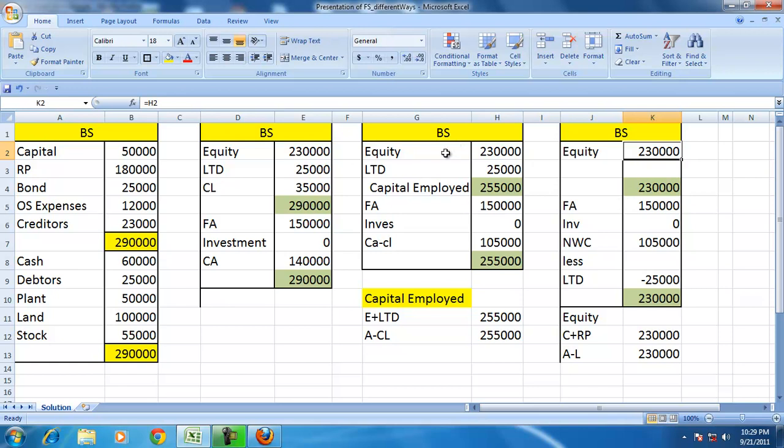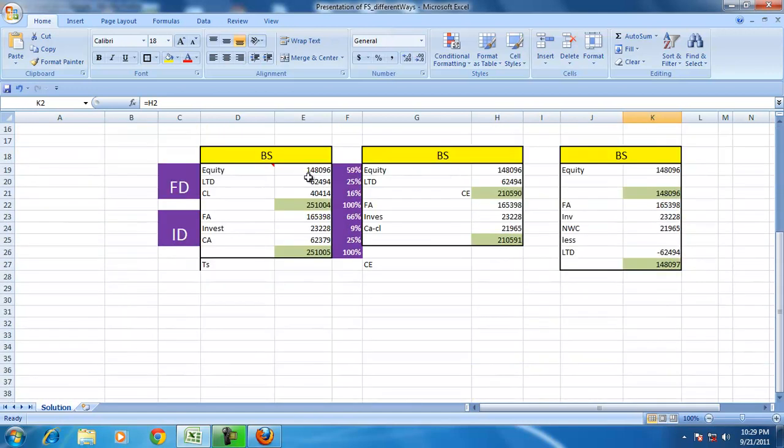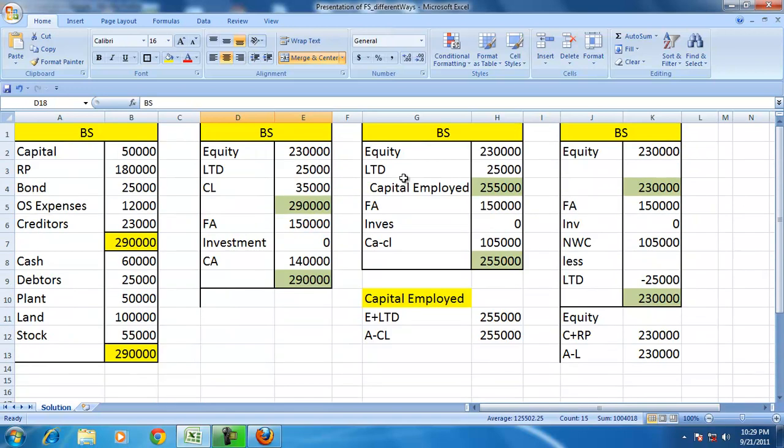Now let us take a balance sheet of a company. Suppose it's Reliance Industries, and understand the benefit of presenting the financial statement or the balance sheet in the condensed format.